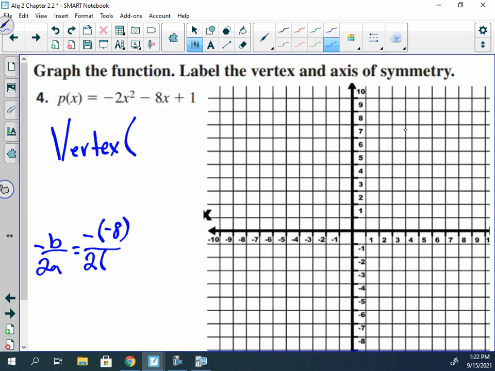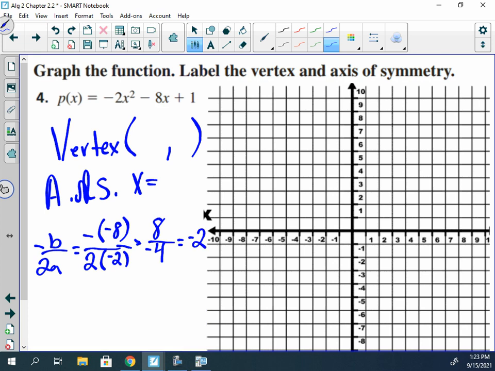And our value of a is negative 2. And again, we could plug this in, or negative 8 is positive 8. 2 times negative 2 is negative 4. 8 divided by negative 4 is negative 2. So the x value of the vertex is negative 2. The axis of symmetry is x is equal to negative 2, yes? Now I did this so that we can check and make sure we do have the right number.